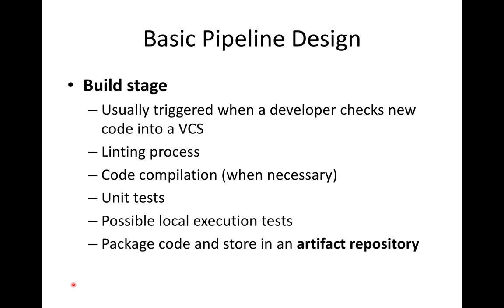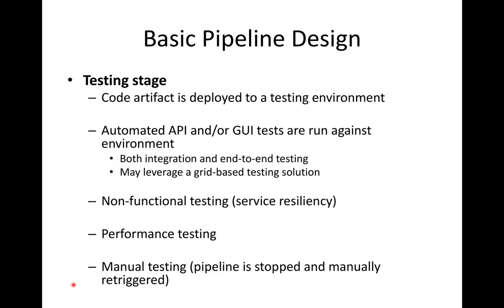Now, after our code has passed the build stage, it's going to move on to the testing stage. And in the testing stage, our code artifact is oftentimes deployed to some sort of testing environment. And in the testing environment, we're going to run automated GUI tests.